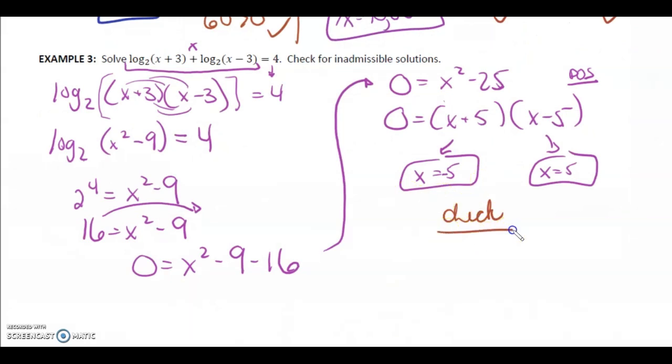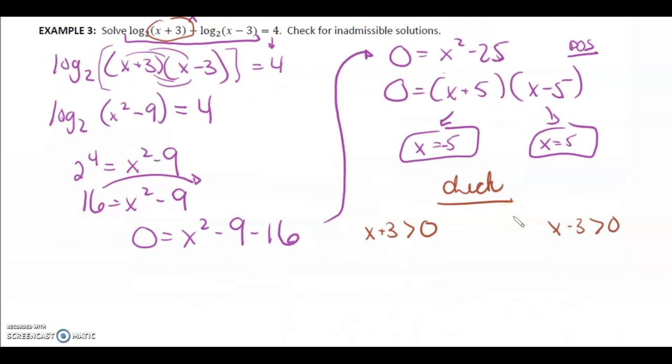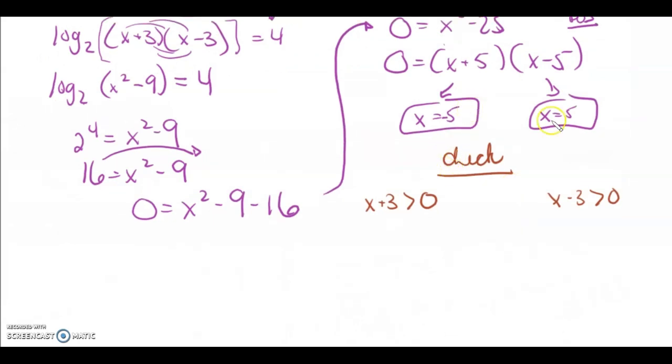We have to check both arguments. Going back up to the original, we have to check that x plus 3 is greater than 0. We also have to check that x minus 3 is greater than 0. Here's the issue: we got two solutions for each, so I'm going to split this like a T-chart. Negative 5 plus 3 is greater than 0?